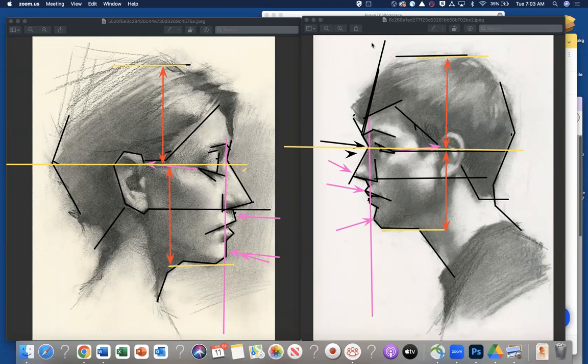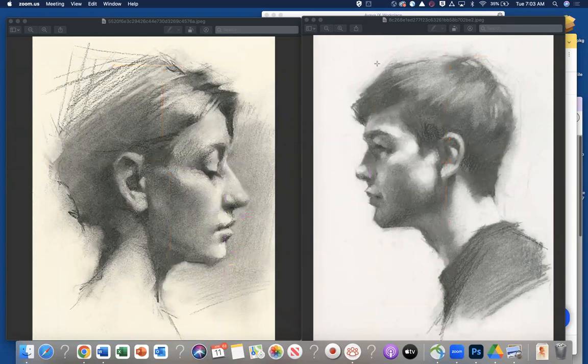Now I'm going to clear all this out and let's look at shapes, how the shapes that the light makes. And if I were to draw these, you can see that if you take your kneaded eraser and you just subtract these light shapes. That's why it's helpful to do a quick contour line drawing first, and then you can start to think about filling in value.